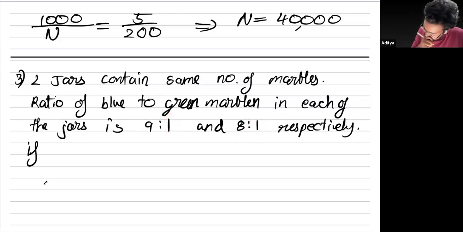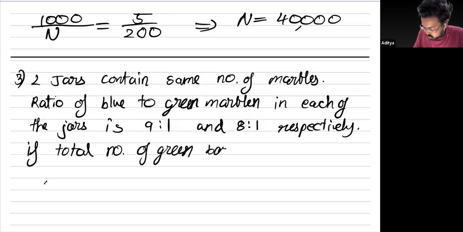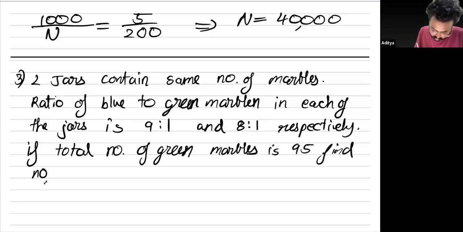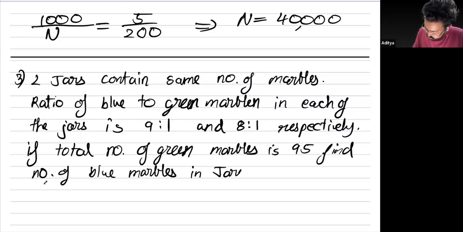If you are given that the total number of green marbles is 95, find the number of blue marbles in jar 1.